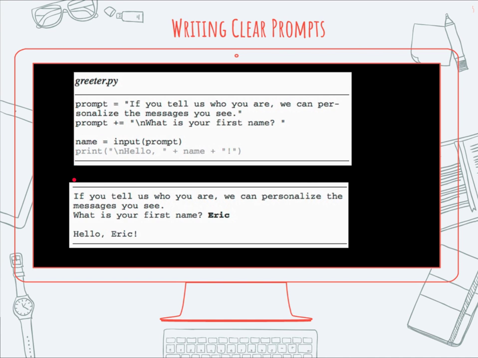This example shows one way to build a multi-line string. The first line stores the first part of the message in the variable prompt. In the second line, the operator plus equals takes what we had, the string that was stored in the prompt, and adds the new string on the end. The prompt now spans 2 lines, again with a space after the question mark for a little bit of clarity.